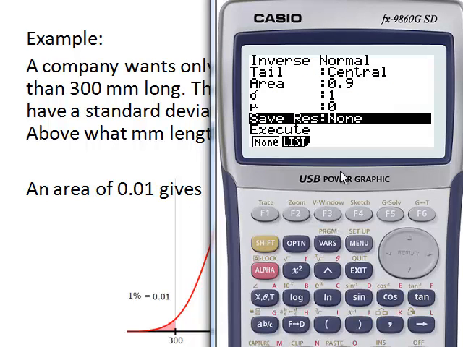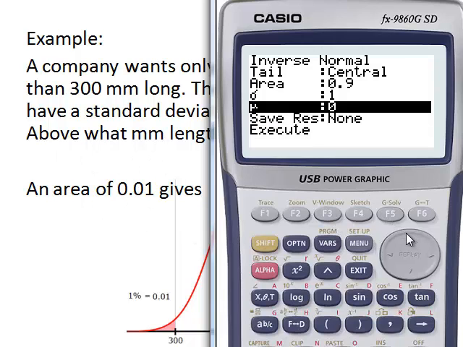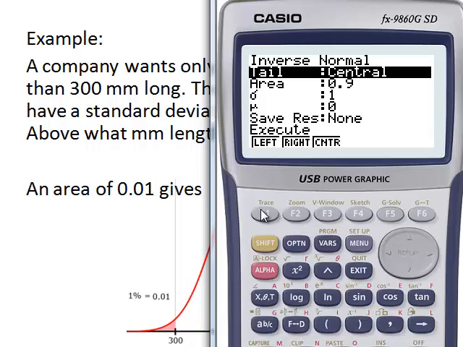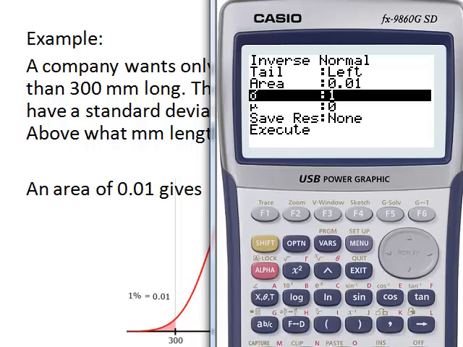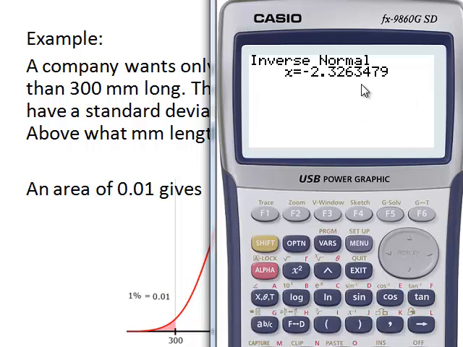We want the lowest 1%, so our tail is left, our area is 0.01, and standard deviation is 1, and mean is 0, because this is a standard normal curve, and there it is, 2.326 standard deviations from the mean.